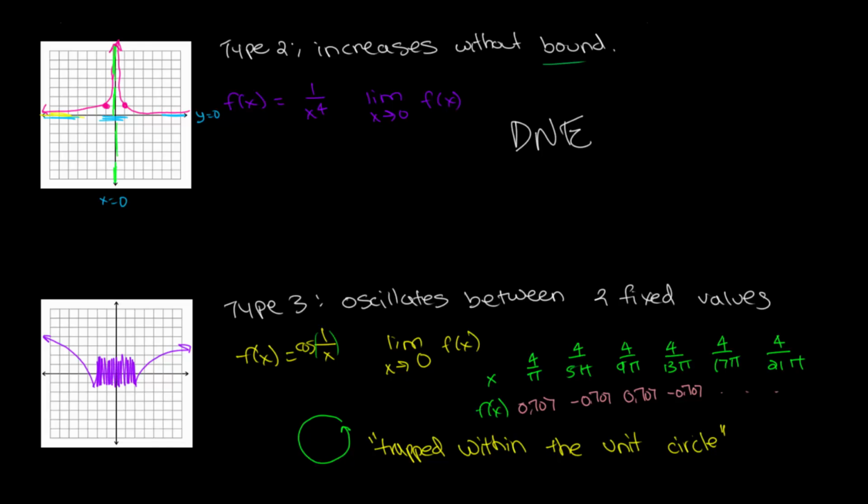And because the value keeps oscillating between these 2 points, the limit essentially does not exist. And we really only observe this trend within the trig functions, where we have the unit circle. And these are going to be the 3 types of scenarios where a limit just fails to exist.